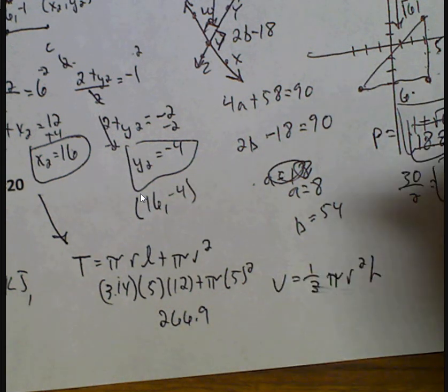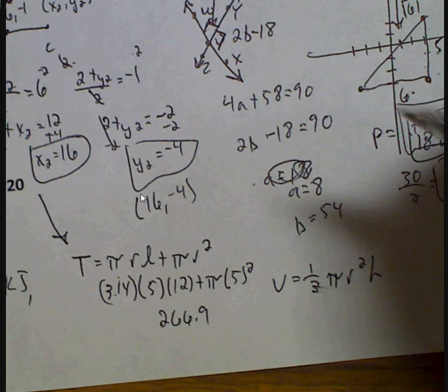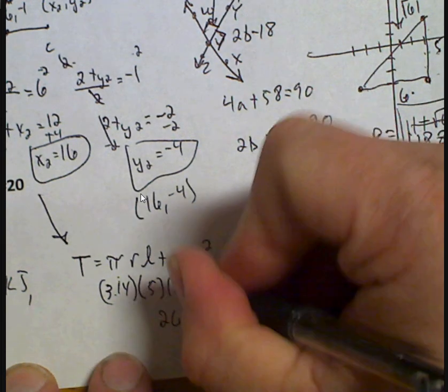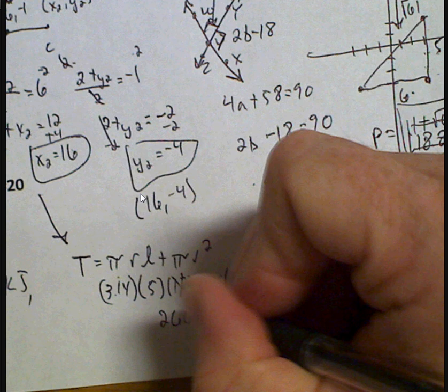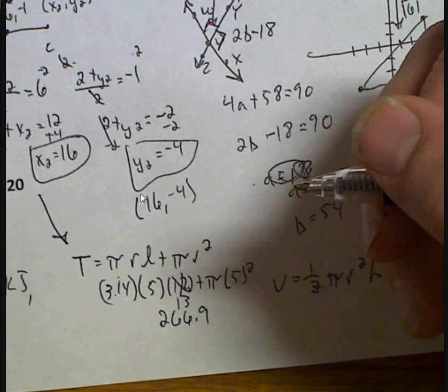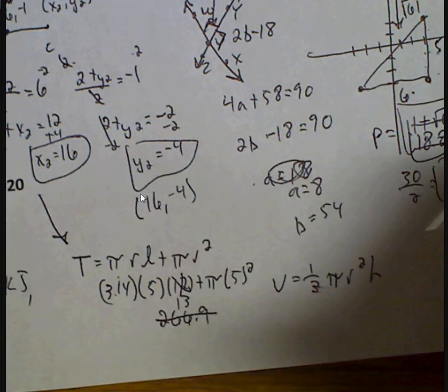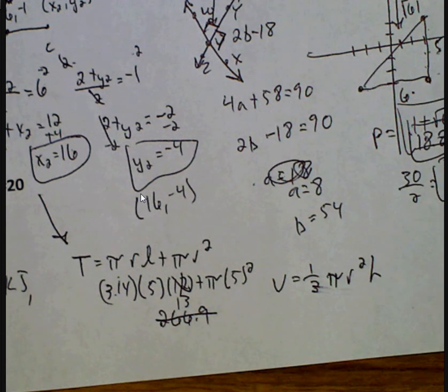length. I apologize. The length is not 12 because that would be the height. The length is the side, which would be 13. 13 is the length. So then that would change our answer. So 3.14 times 5 times 13 plus 3.14 times 5 squared.